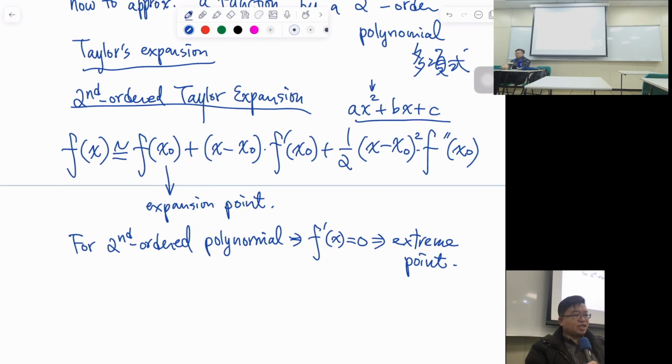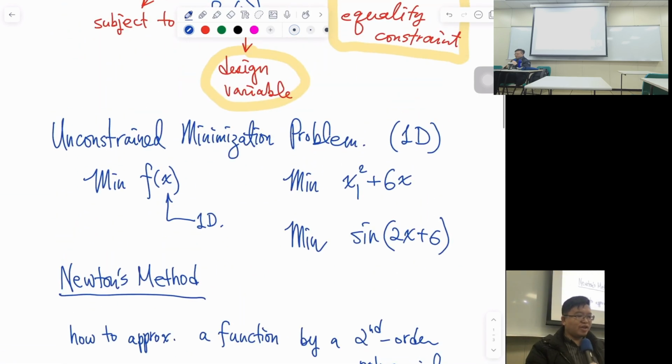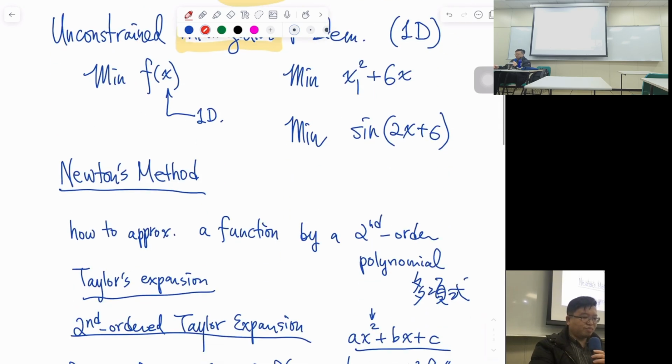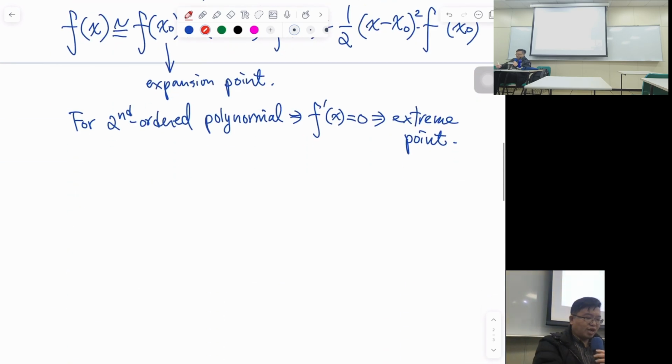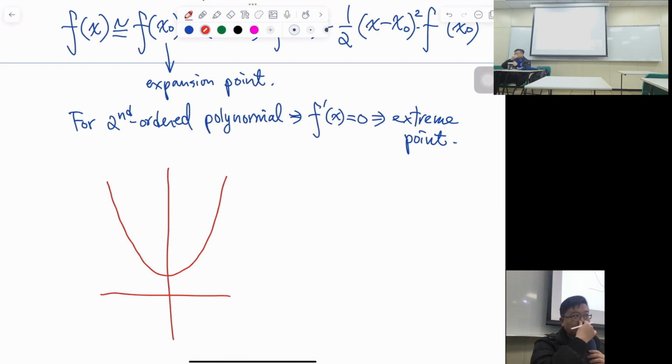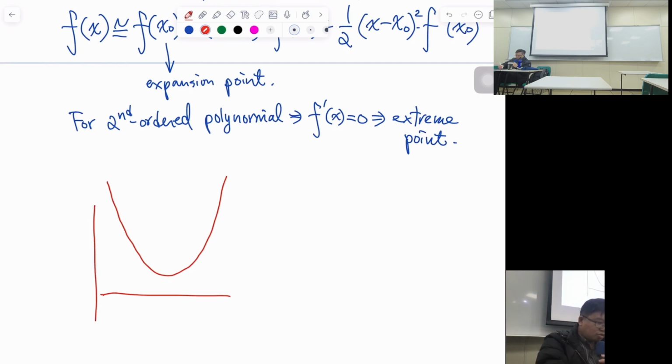So since we are solving a minimization problem, we are sure the function has to be like this. Okay? So maybe I should draw the coordinate somewhere.